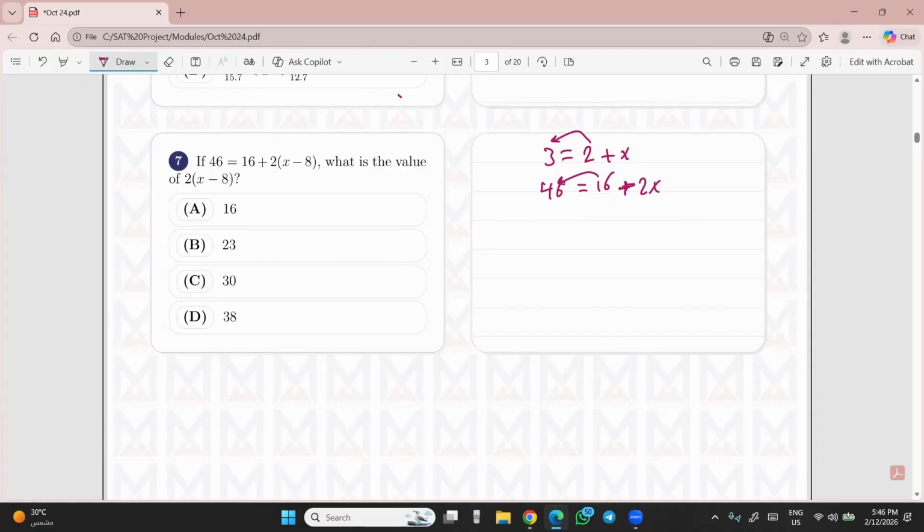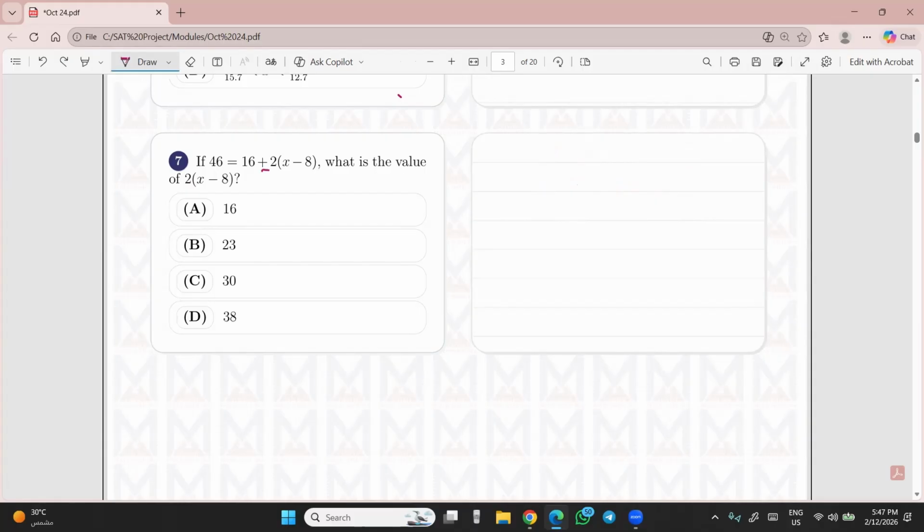What if this 2x changed to be 2x minus 8 and we only want this value? So we just move the 16 and we get this as it is. So no need to get the value of x here, if the block which is required is already given inside the equation.